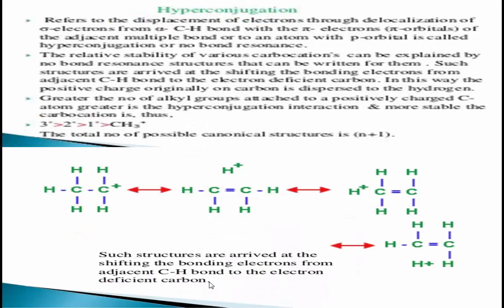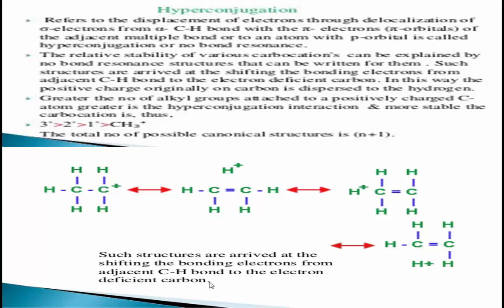Next, the last concept, that is hyperconjugation effect. This effect is also called the Baker-Nathan effect. Students, remember, it is one of the permanent effects produced in a molecule due to the interaction between the sigma and pi electrons of an adjacent bond.